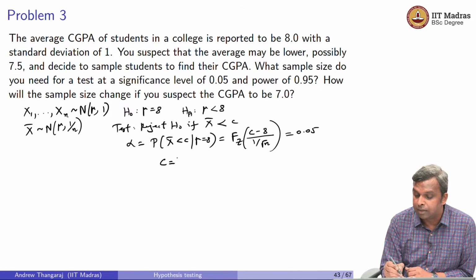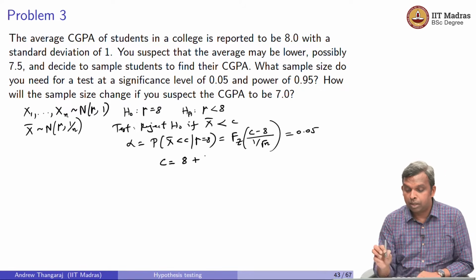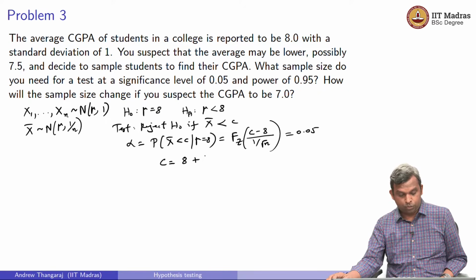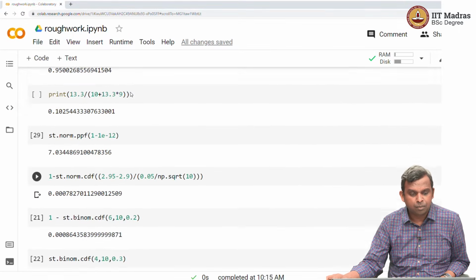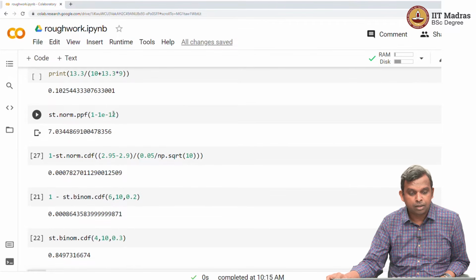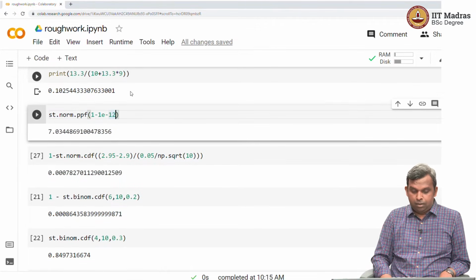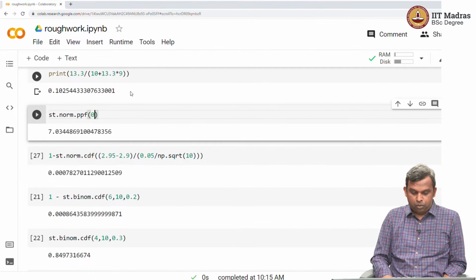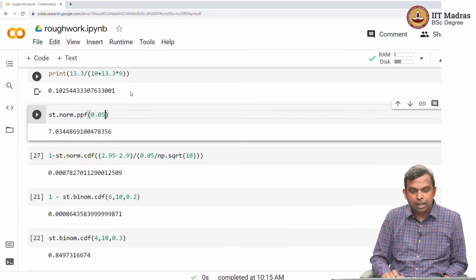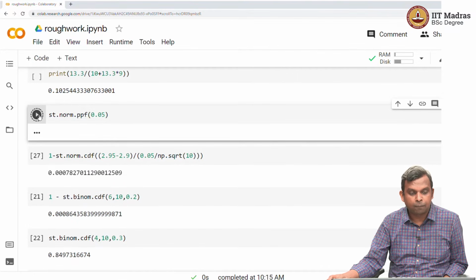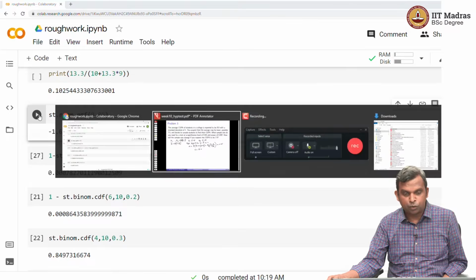So c equals 8 plus F_C inverse of 0.05, which will come out as negative, minus 1.645.